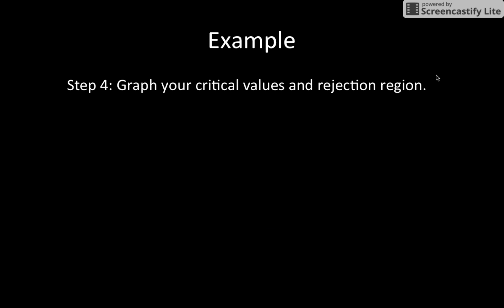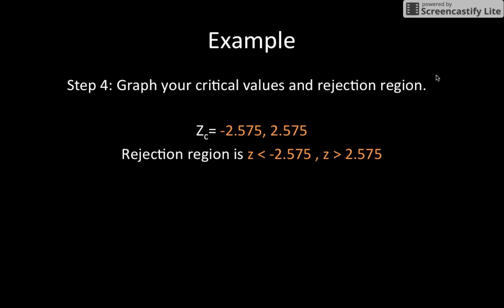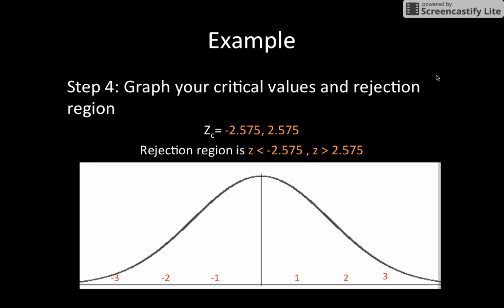Now to show this on your graph, you would start by knowing your critical value and your rejection regions. So here's your chart. You see that your first critical value, your negative 2.575, lies around there.